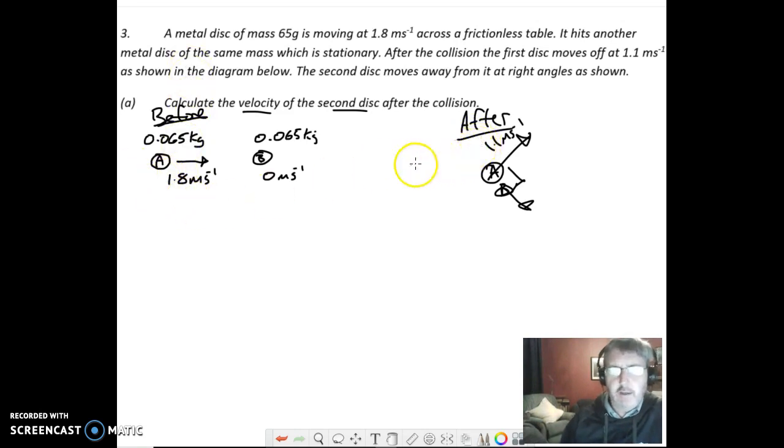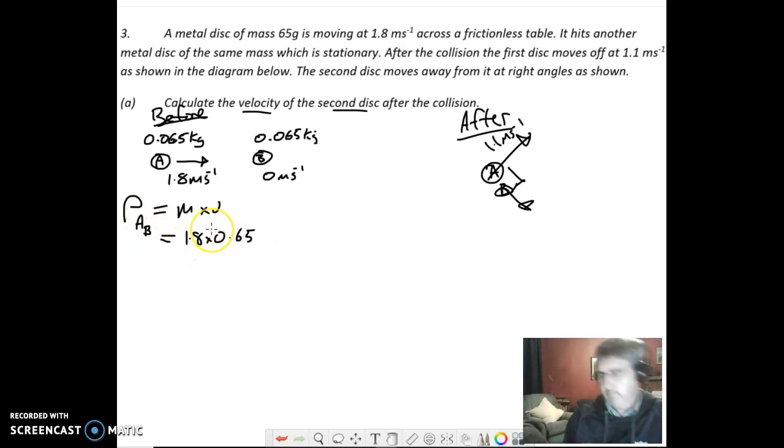The key concept is that for a start, A had a momentum, and I can work out the momentum of A. So momentum of A before equals m times v, equals 1.8 times 0.065.